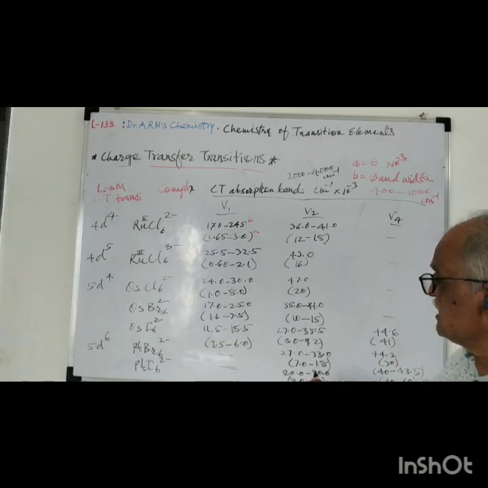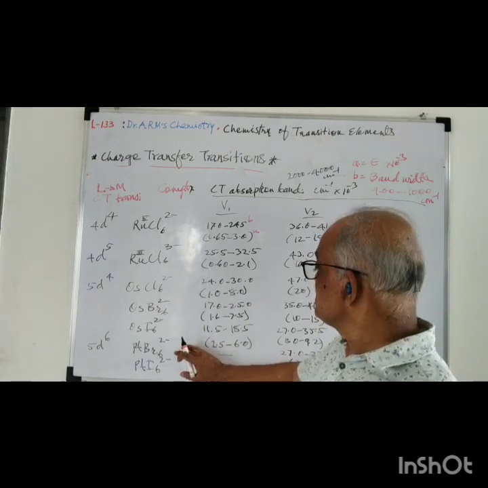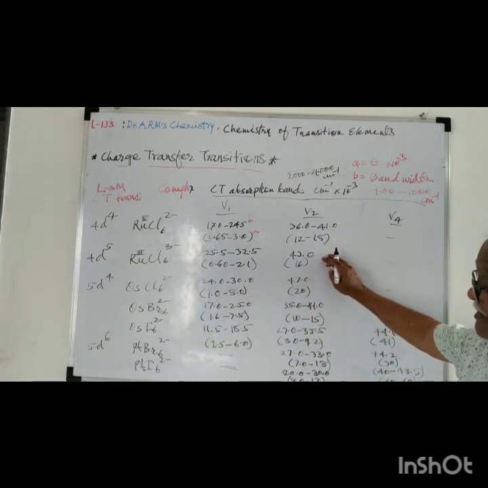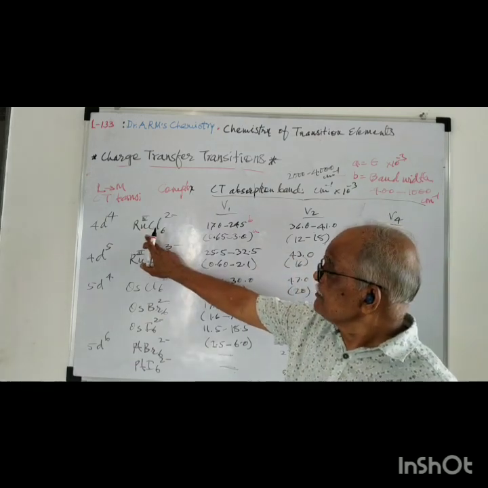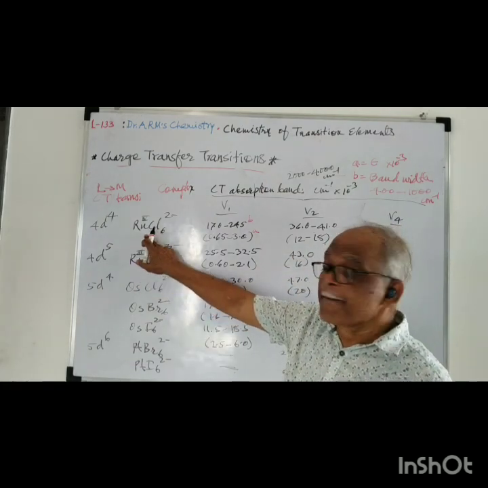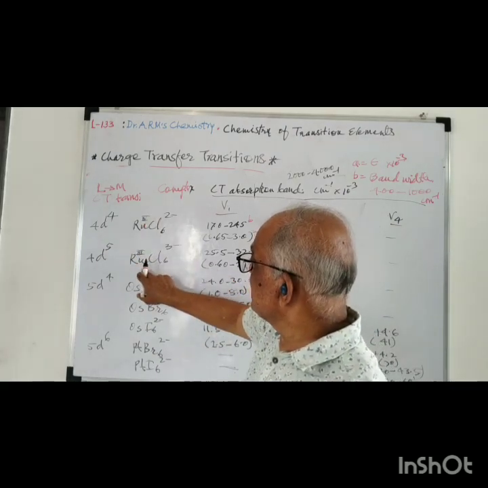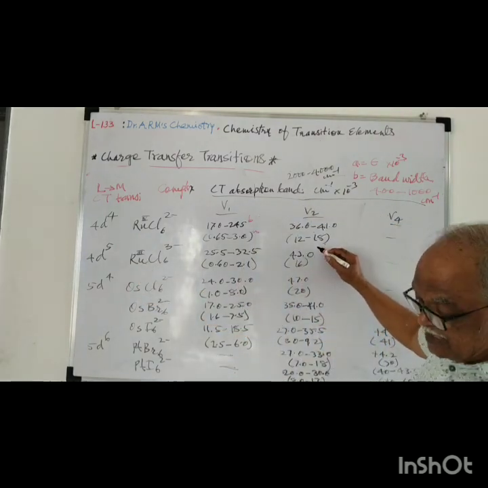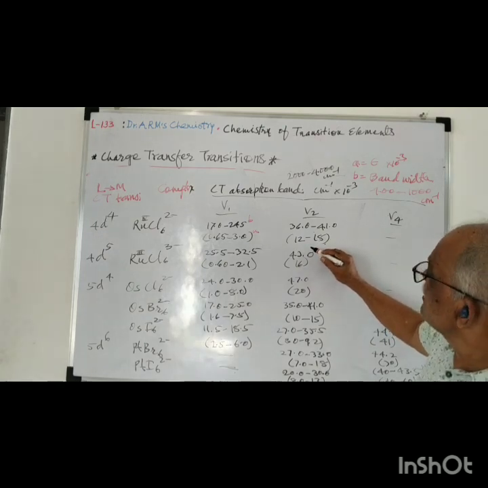So you will find that the values are showing some shift between these transitions, that is V2 type. If we take the V2 type of transitions, here the metal ions are in different oxidation states. Here ruthenium is in +4 and here ruthenium is in 3+. So the shifting of the energy will be observed here.